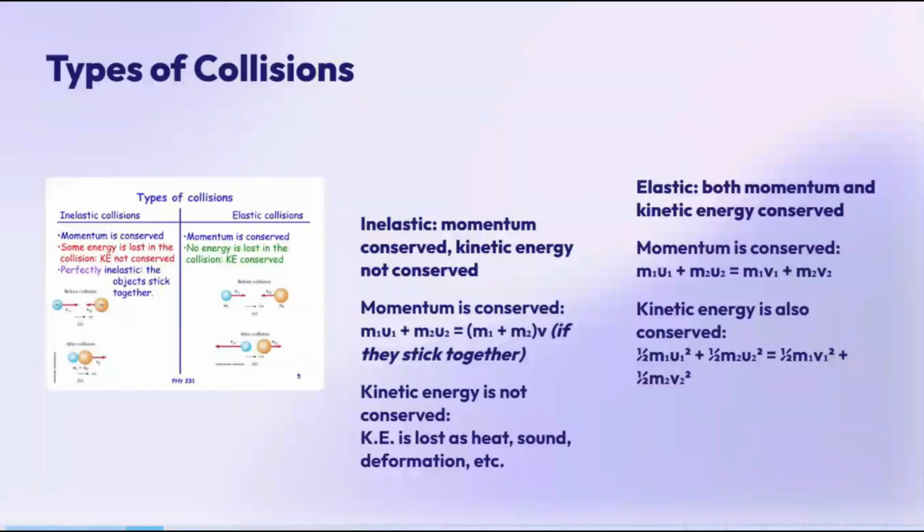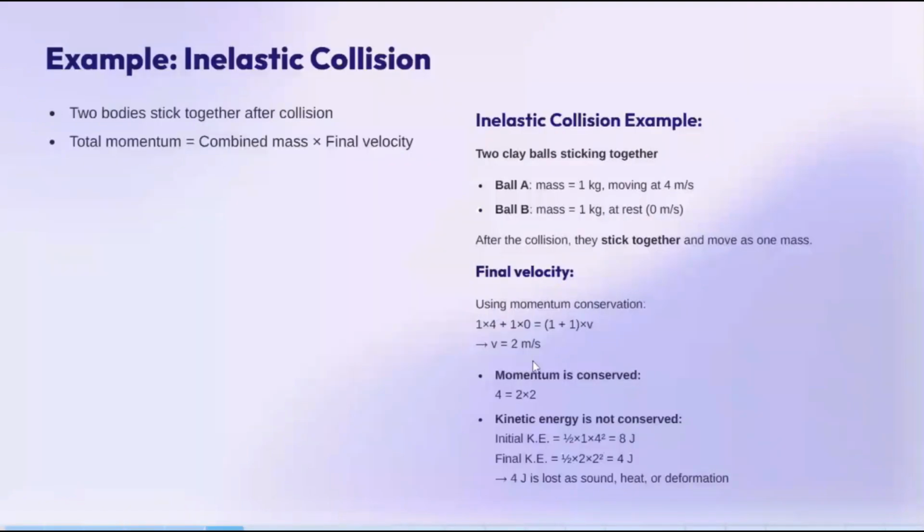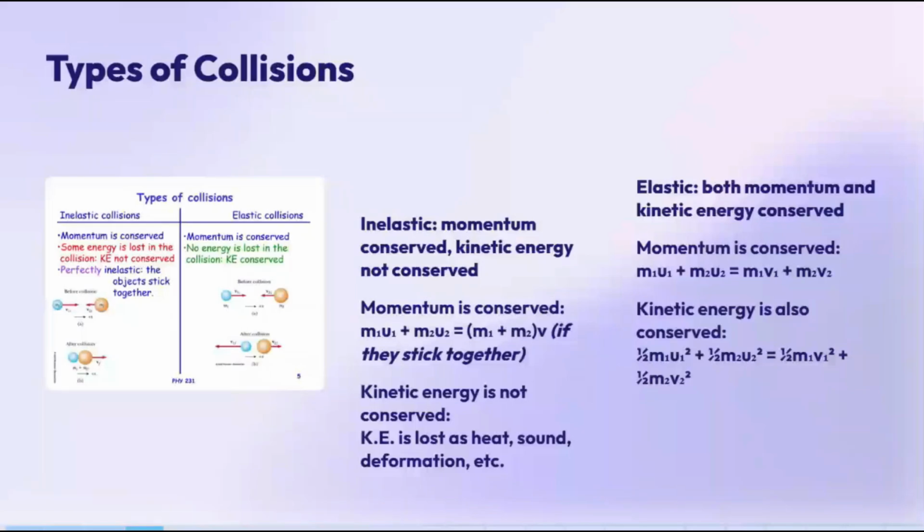So write down on your paper: M1 is 1, M2 is 1, U1 is 4, U2 is 0. V1 is 2, as we calculated, and the same for V2, which is 2. Now using this formula, let's calculate the right-hand side.